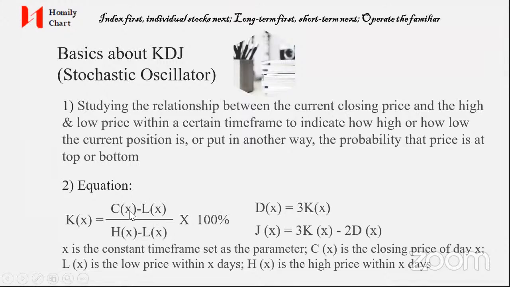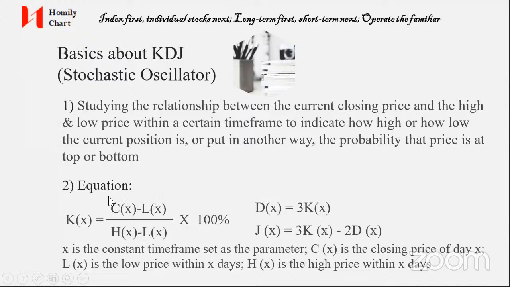Then C14 means what? The close price for the 14th candle, then minus the low price for the last 14 days. The current close price, which is the 14th day's close price, minus the low price in the last 14 days.